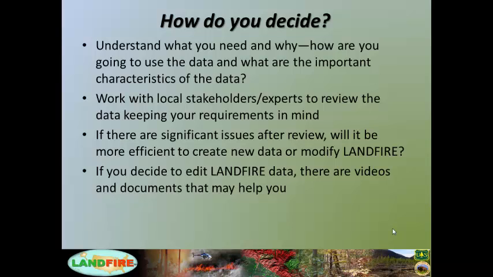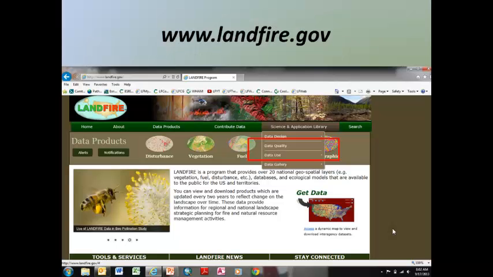If you decide to edit LANDFIRE data, there are videos and documents to tell you how to review and how to edit data. They are online and they are available for you for downloading or viewing online. So let's just go over a couple of things for you, where you can find some of this supporting material. Well, there's landfire.gov.